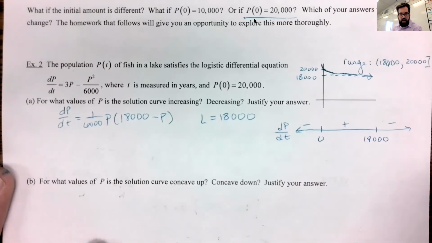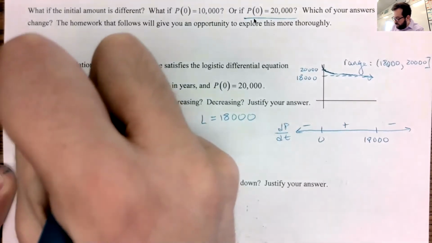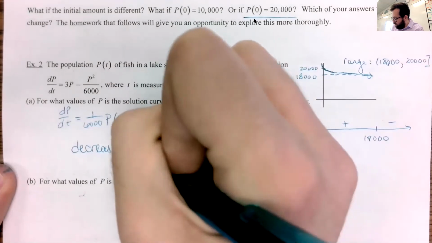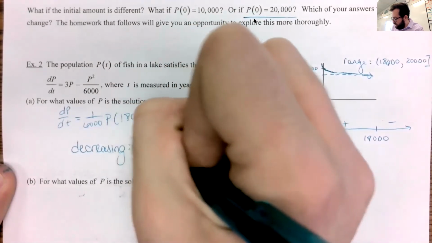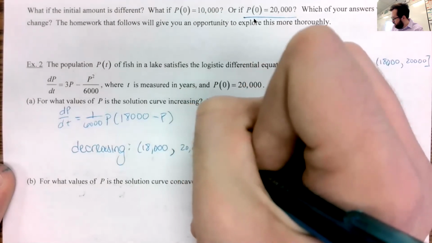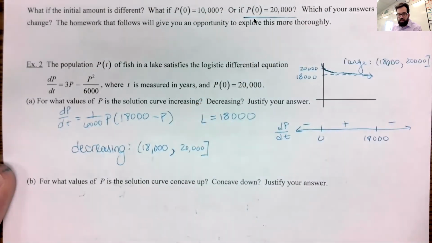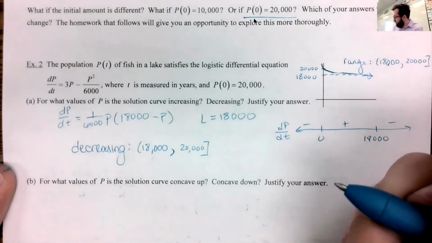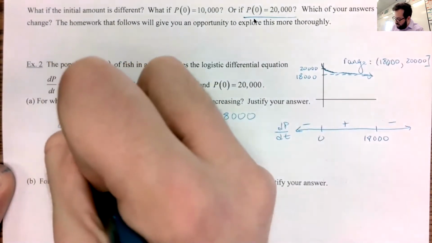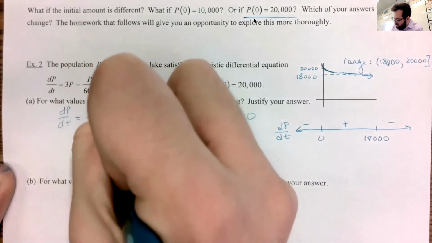And because of that, we are decreasing the whole time from 18,000 to 20,000. And that's because P started larger than the carrying capacity.